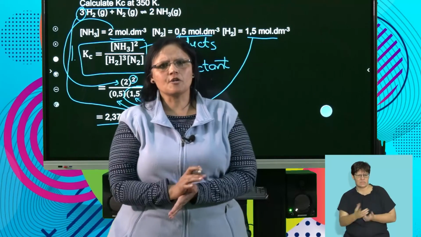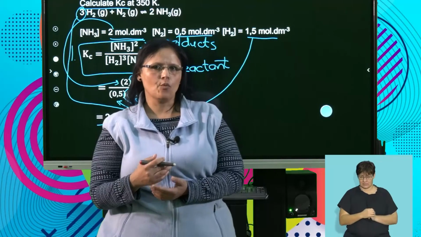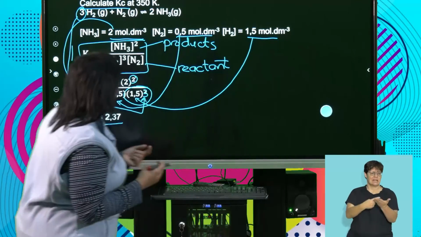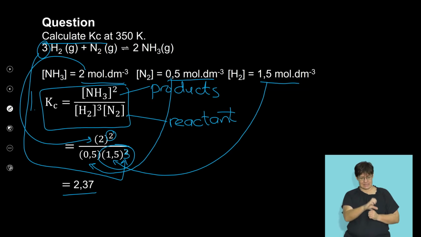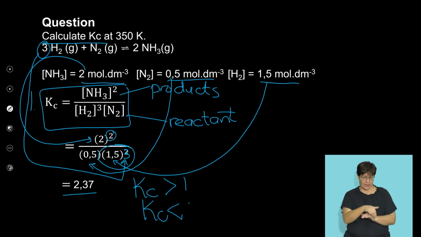They also ask the question, what is the significance of Kc? When they ask you that question, they actually want you to talk in terms of Kc, is Kc bigger than 1? Or is Kc smaller than 1?